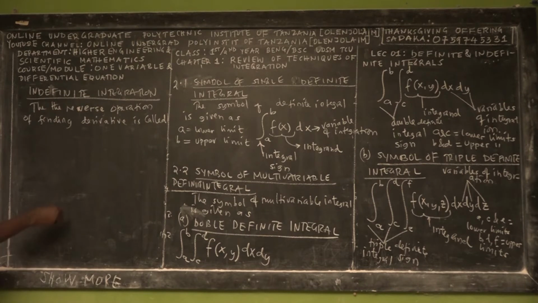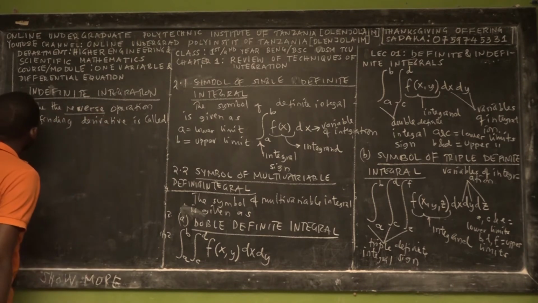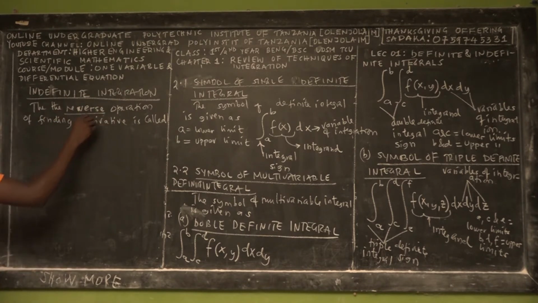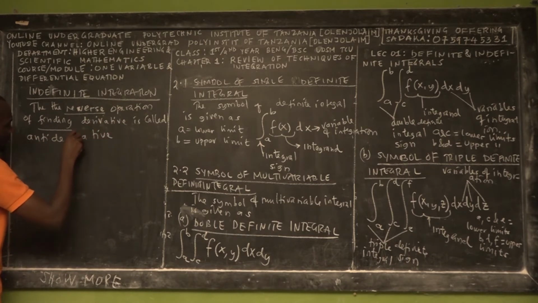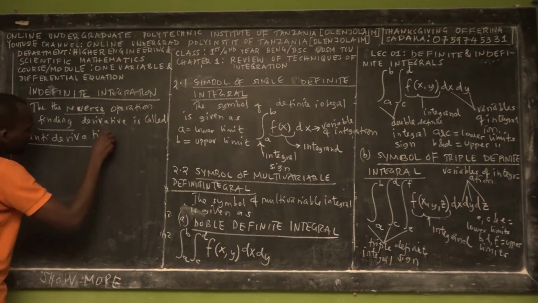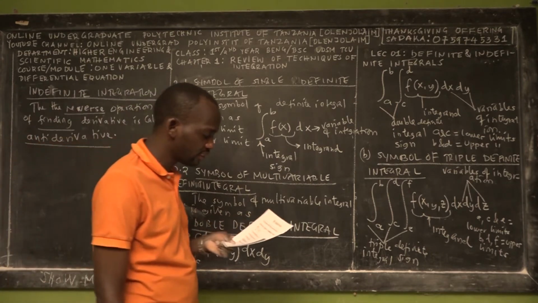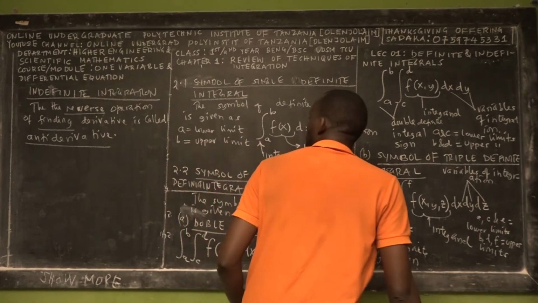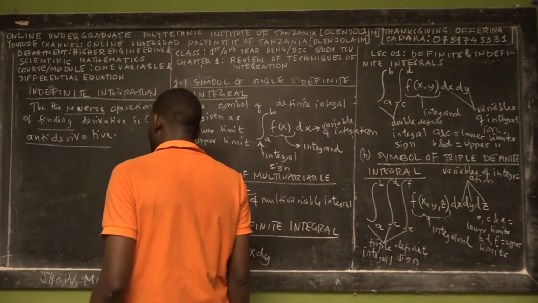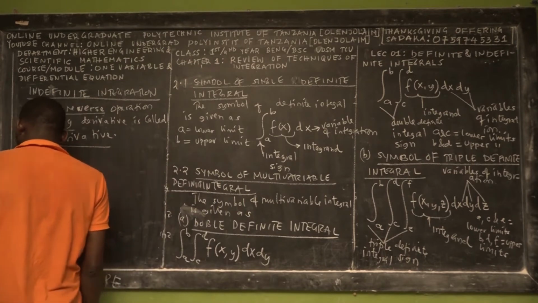So the reverse operation of finding a derivative is called what? It's called the antiderivative.